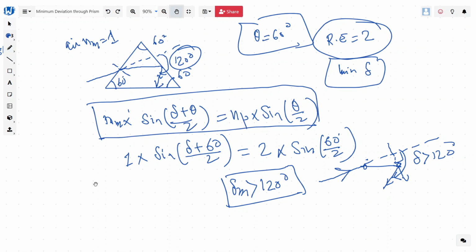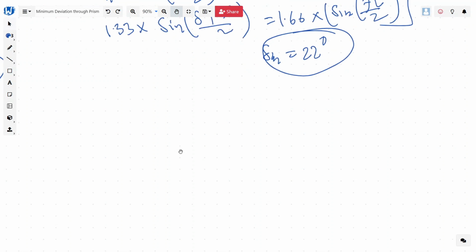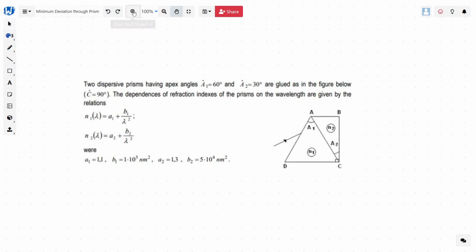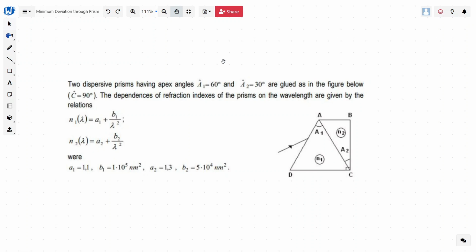So now let's move to another one which we have already seen, but in a different way. This was taken up in our last video, where we have two dispersive prisms with apex angles A1 of 60 degrees and A2 of 30 degrees. They are grouped together and their refractive index varies with wavelength lambda.